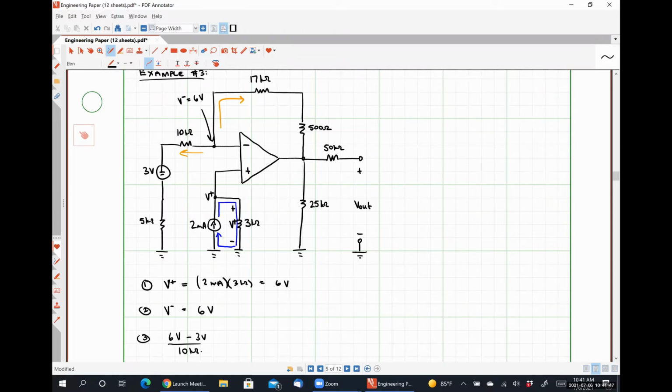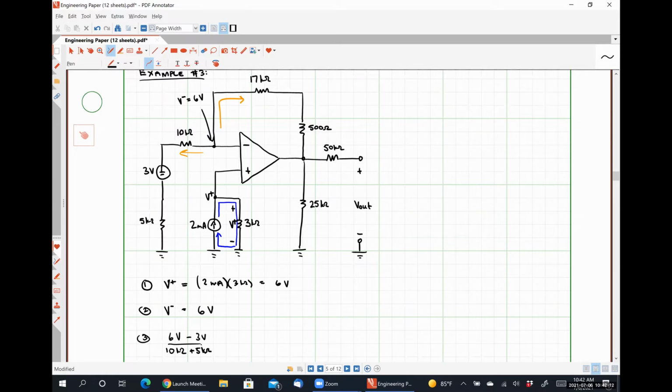So what do you mean by include it? Would you include that in the KCL equation? Because technically, if we're analyzing the current that's flowing through that 10 kilo ohm, wouldn't that current have to flow through that 5 kilo ohm resistor as well before it hits ground? Absolutely right. So this would look like 10 kilo ohm plus 5 kilo ohm.